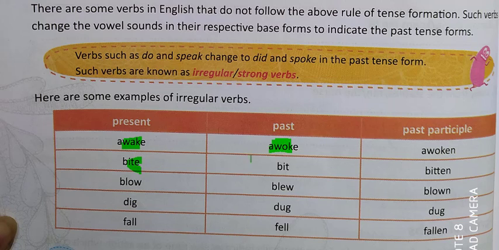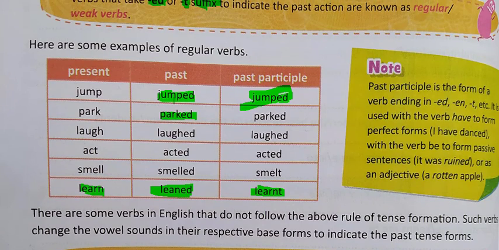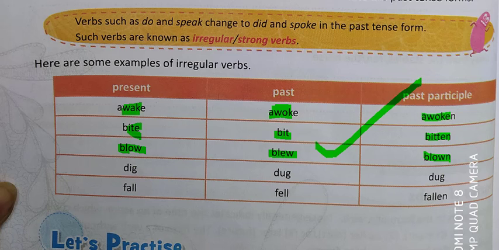Bite became bit. Blow became blew. Like these. And then awoken, bitten, blown. See, changes in the base form occurred here. Here the base form was not changed, only ed or t was added at the end. So such verbs we call regular verbs, and these kinds of verbs we call irregular verbs.